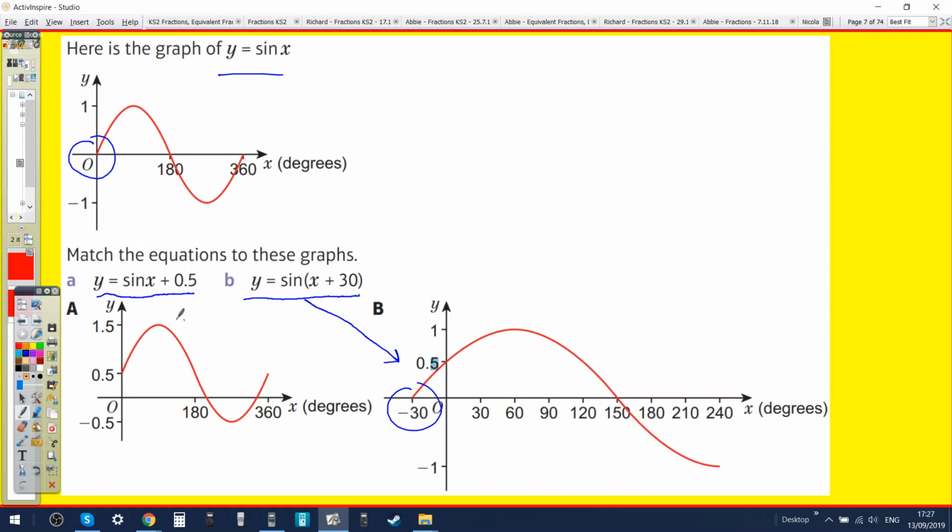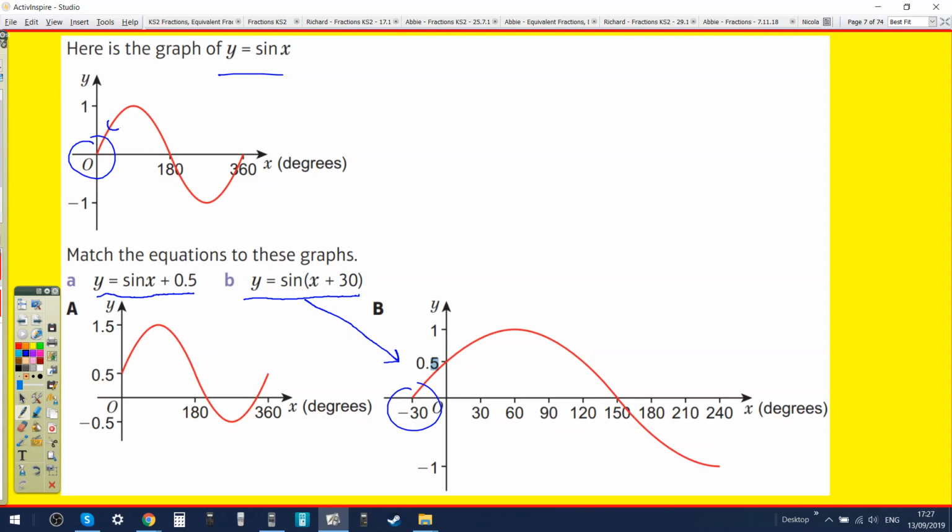Okay. Why is this one the same sign? This says plus 0.5 and it's moved up 0.5. Okay, but the other one's moved up to 0.5 as well, hasn't it? Yes. Well, what happened was it moved left. It's just that part went through at 0.5.